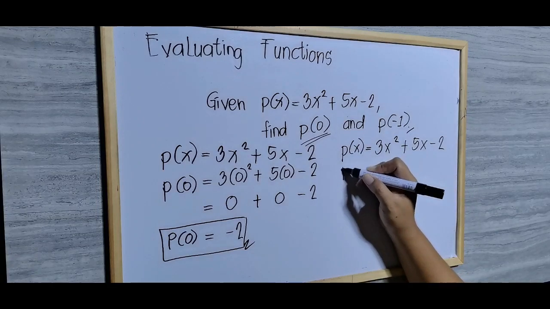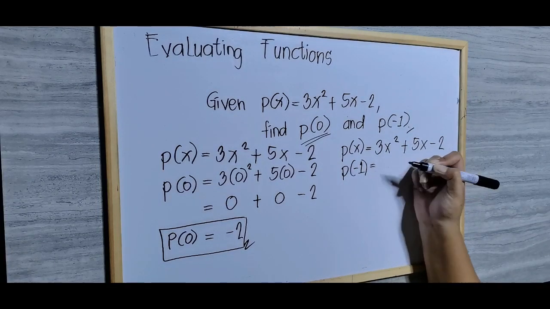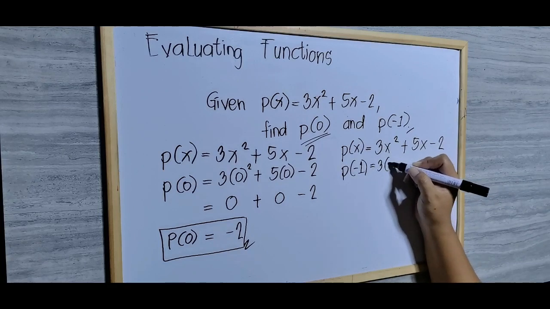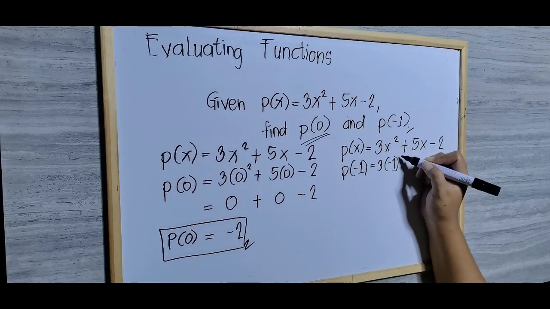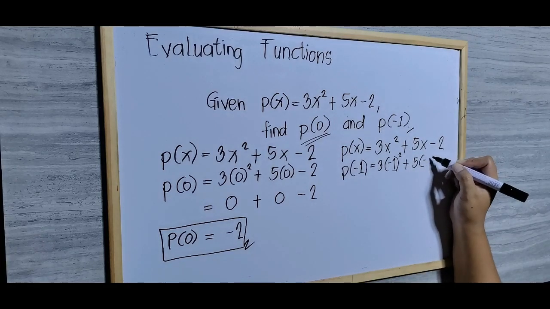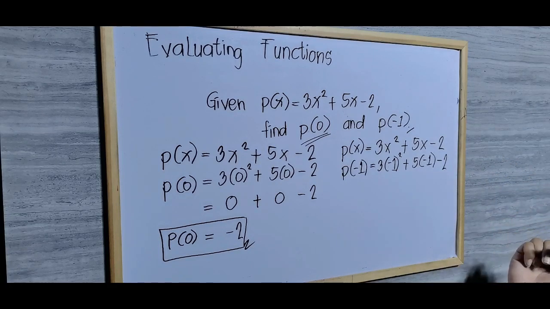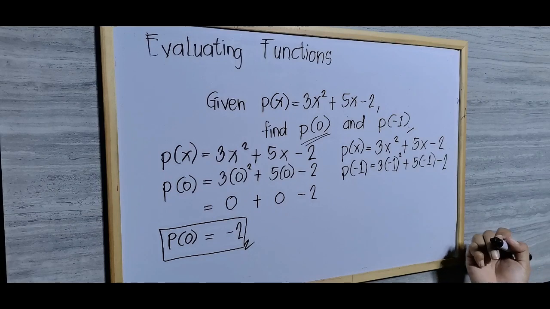It will become P of negative 1 is equal to 3 multiplied by negative 1 squared plus 5 multiplied by negative 1 minus 2. The next step is to perform the operation.